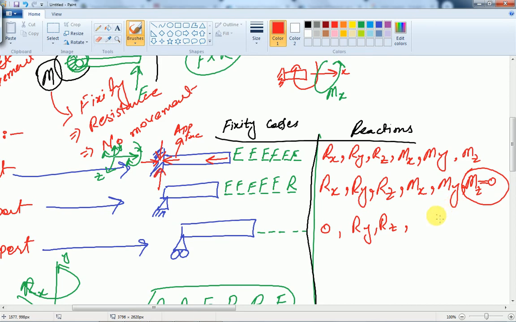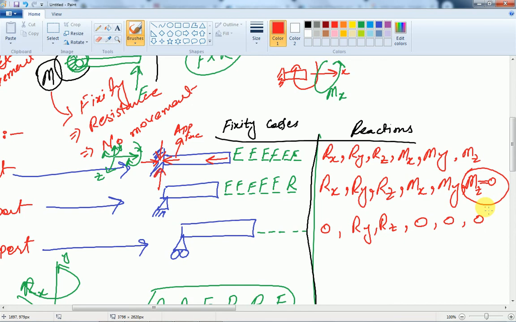They are free to rotate in any direction. That is why movement about any axis will be 0. It is also a characteristic of roller supports. So we should remember what the characteristic codes of our supports are, and what the reactions of that support are.